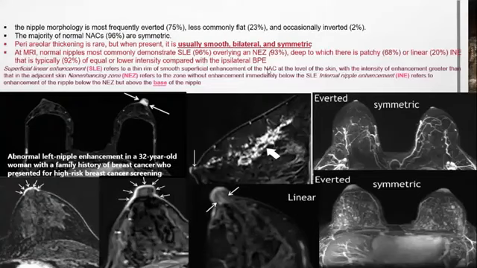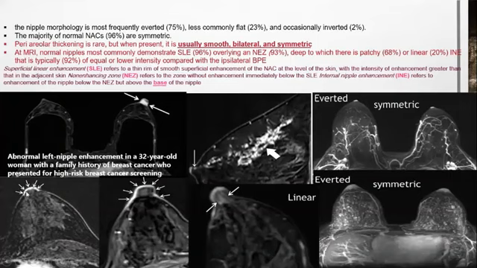Okay, on MRI, these are bilateral, everted, normal enhancing nipples. See, symmetrical is really important. Symmetrical enhancement is important. When we see normal, symmetrical size, symmetrical enhancement, everted nipples, mostly these are benign or normal findings.